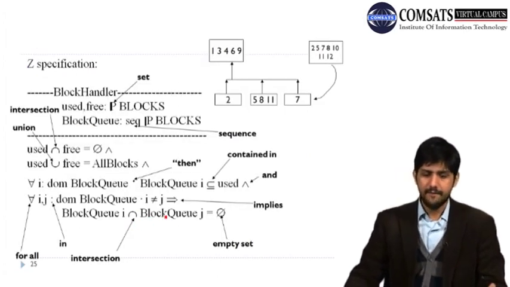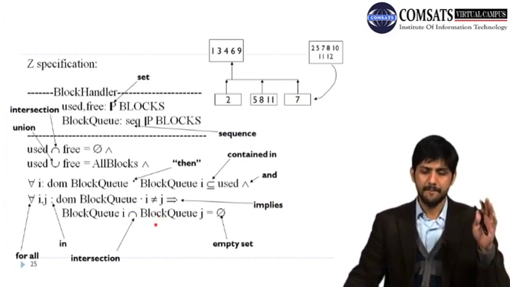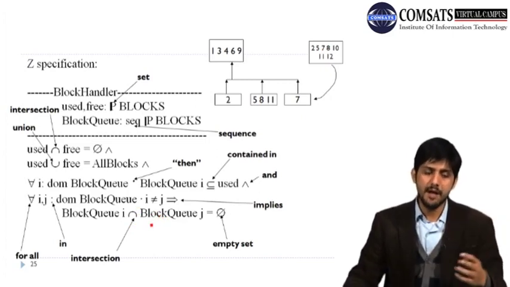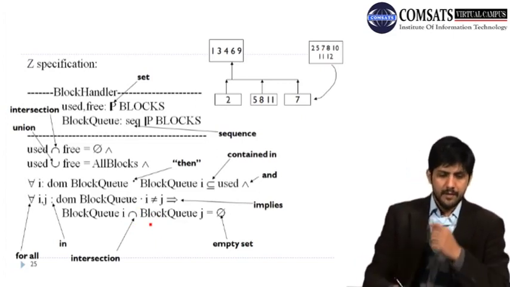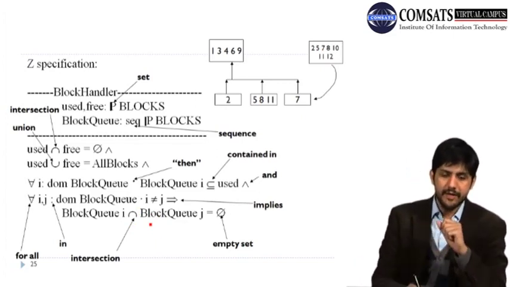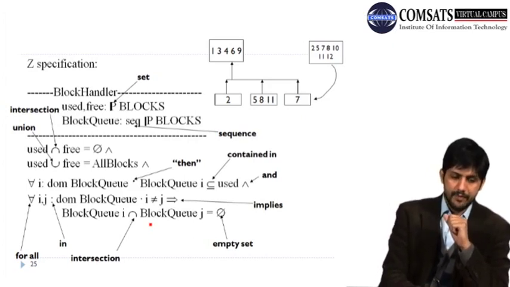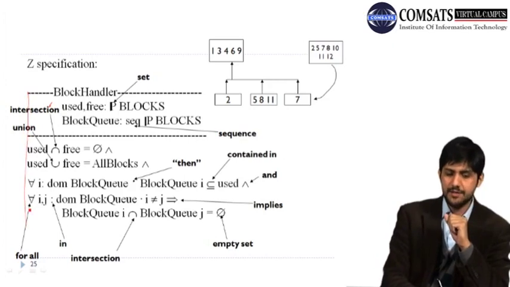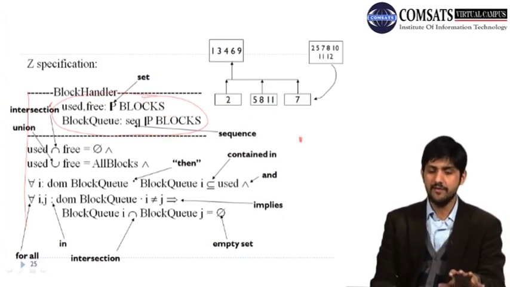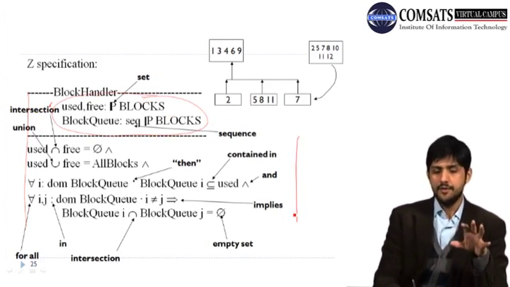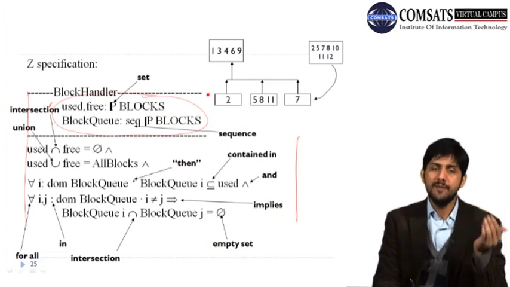This is the schema which defines the state of the system. As I already defined, in this schema we have two main sections: a section with the declarations, and a section with the predicates. This is the model of my system.